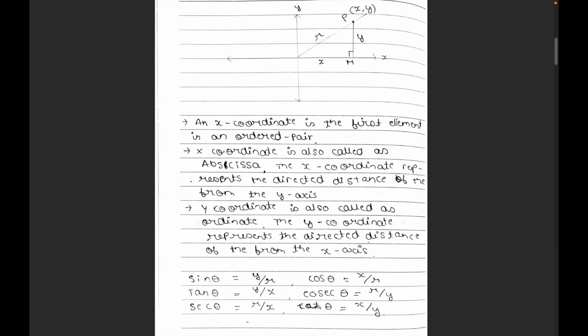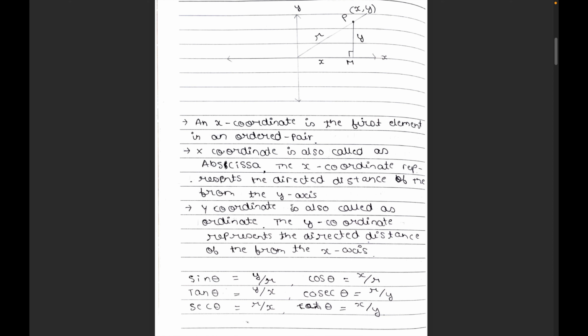An x coordinate is the first element in an ordered pair. So when you're writing coordinates, you write the x coordinate first and then the y. So it's the first element in the ordered pair. Okay, so x is also called abscissa, and the x coordinate represents the directed distance of the point from the y-axis.